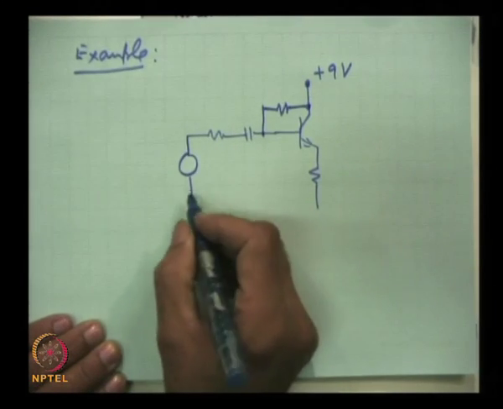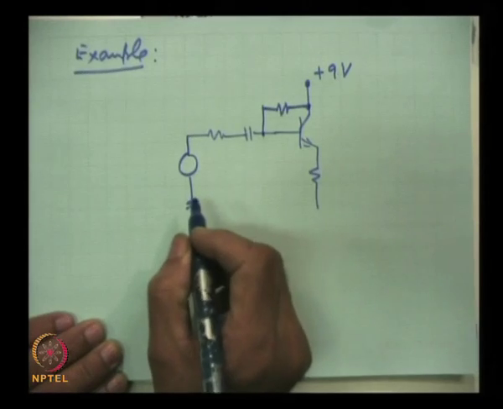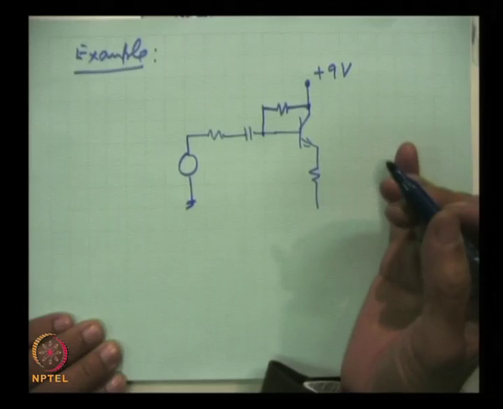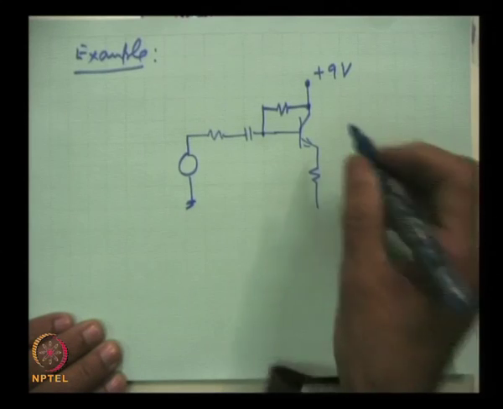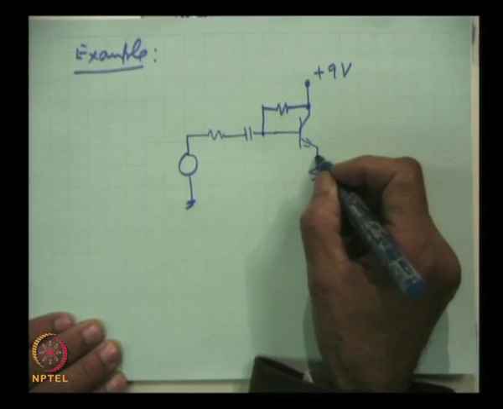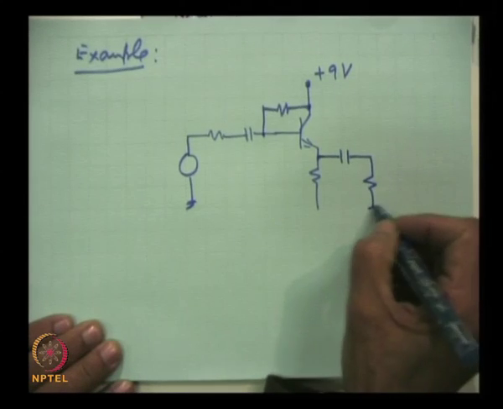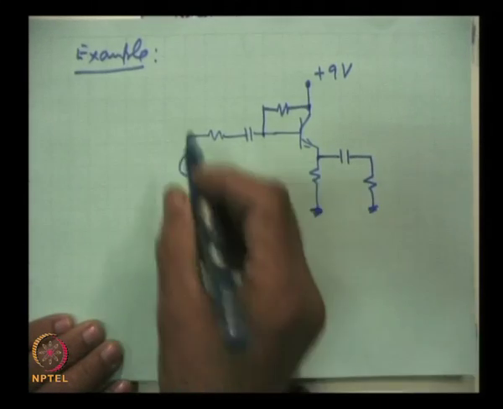At the input or at the output, the source and the load are always connected with a coupling capacitor. This point also we have discussed and we will discuss more later.